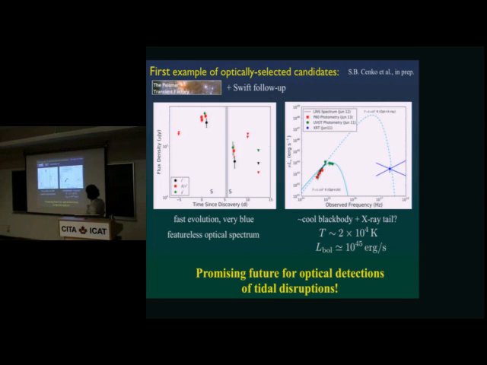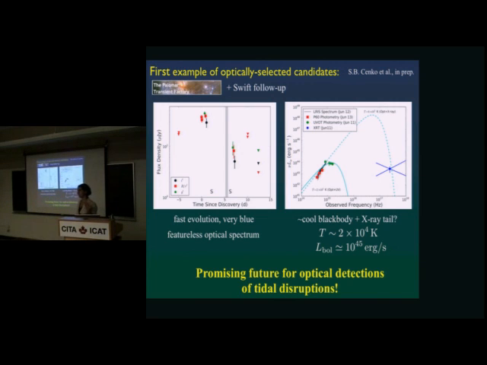They fit a black body spectrum to the optical and UV data, which is the solid turquoise curve, which has a cool temperature of 2 by 10 to the 4 Kelvin. You can ignore this turquoise dashed curve. And then there's an X-ray power law tail that extends out here. The overall bolometric luminosity is of order 10 to the 45 ergs per second.